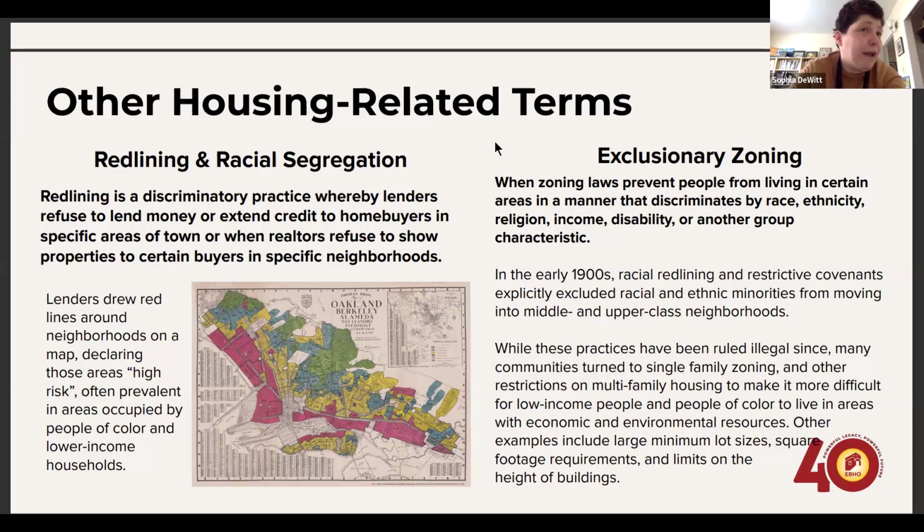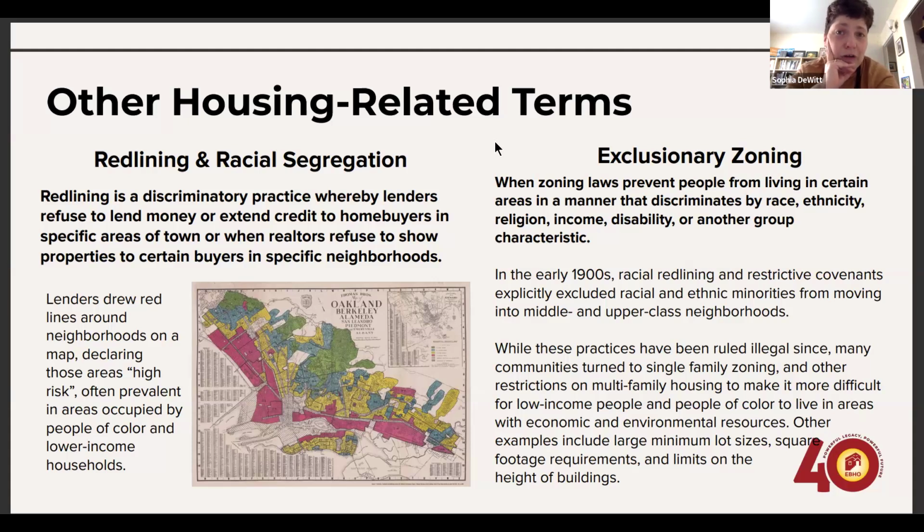And even when exclusionary zoning based on race was outlawed, often communities, especially wealthier and whiter communities, would use things like single family zoning to keep neighborhoods segregated by using income as a way to segregate those neighborhoods.